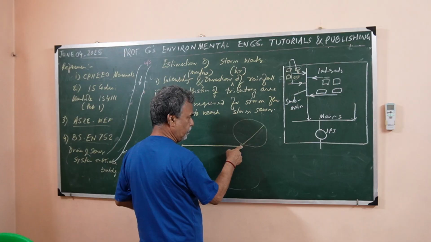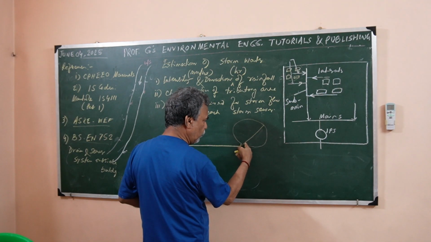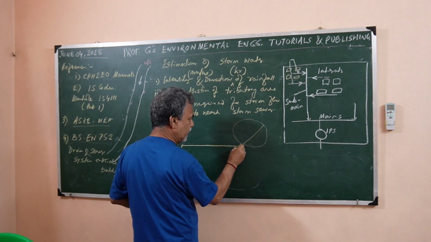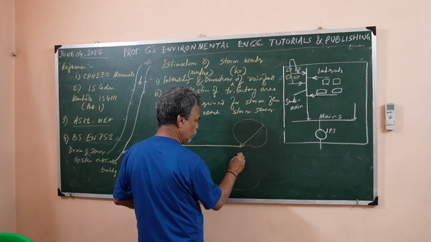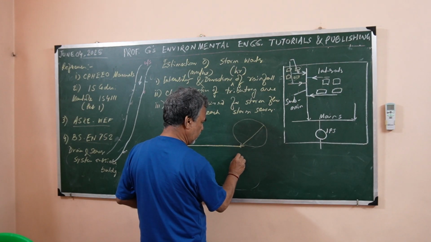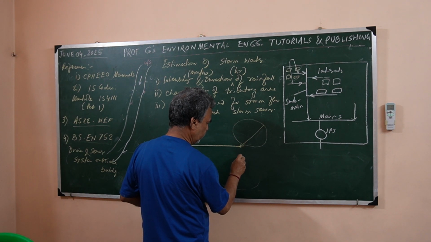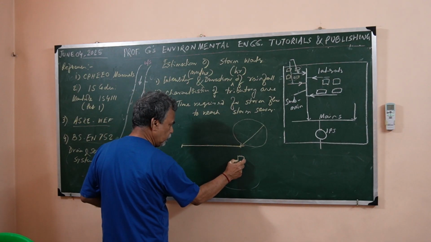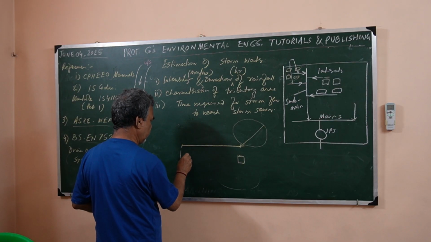Once the rainfall occurs over this area, the storm runoff will result, and that will take some time to reach the sewer line. Suppose this is a manhole, so if I draw it like that, this is the longitudinal section, or you can say the cross section also. Similarly here also there would be a manhole.